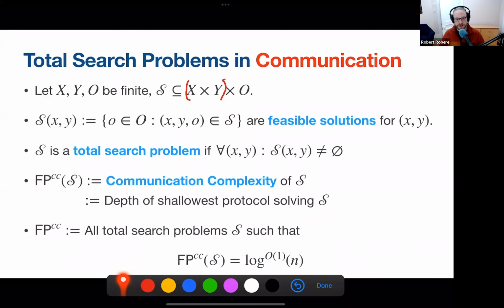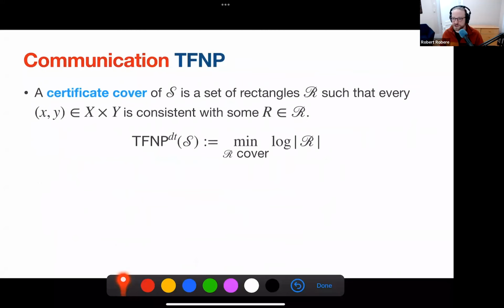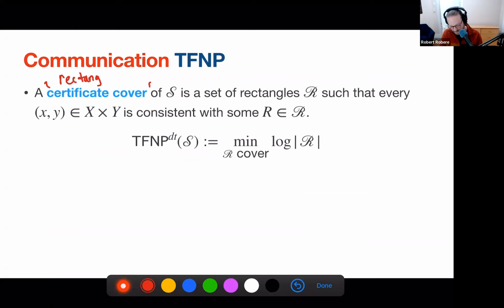Once again, we'll abuse notation and call P the set of all search problems that have polylogarithmic communication complexity. And then, just as we had a P, we also need an NP. So there's also a communication NP for search problems. I called it a certificate cover here, but it's probably better known as a rectangle cover.